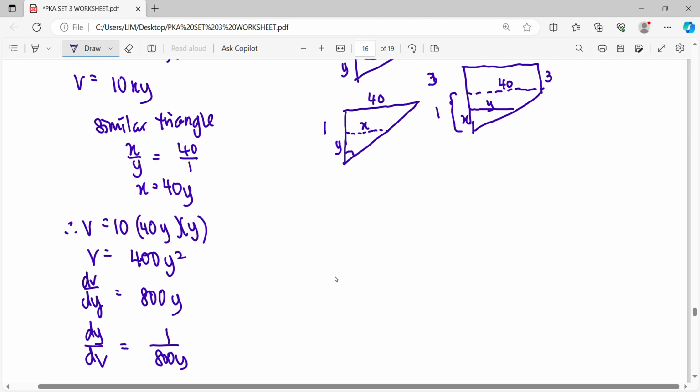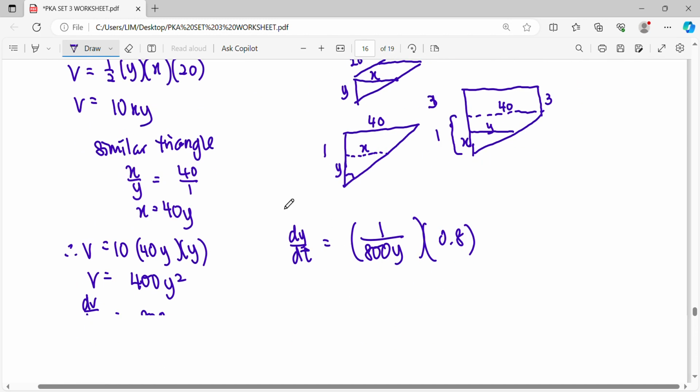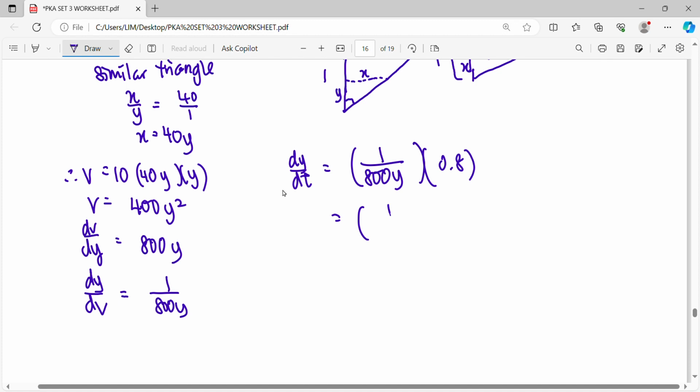Lastly, we do our chain rule. dy/dt equals dy/dV times dV/dt, which is 0.8. And what's your variable y given at the change? y equals 0.5. Substitute and figure out.